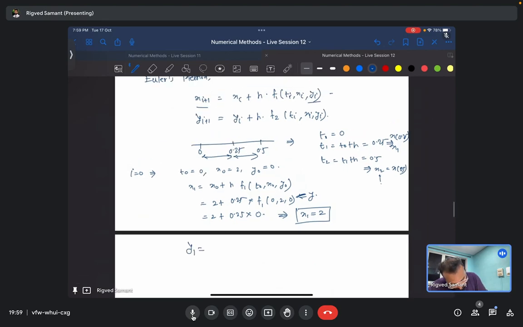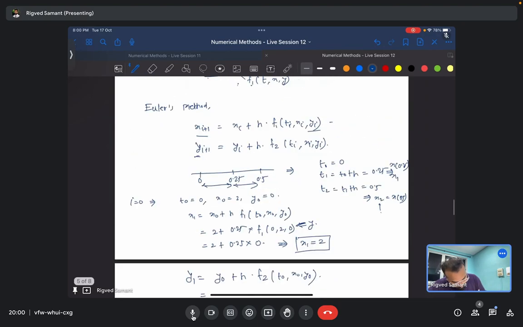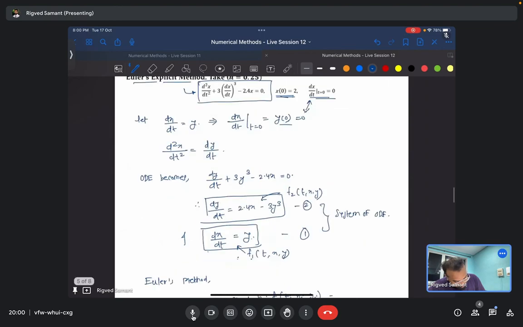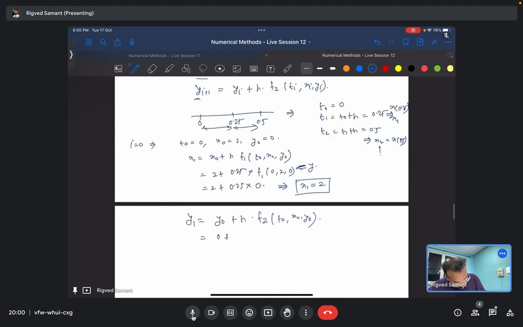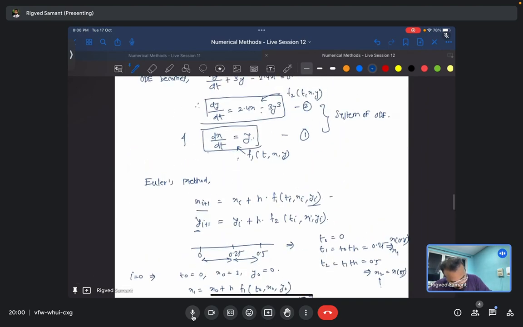So y1 will be from this equation: y1 is equal to y0 plus h into f2 of t0, x0, y0. Here y0 is what? y of 0 is 0, right? h is 0.25 into f2 of t0, x0, y0. What is f2? f2 is this equation.